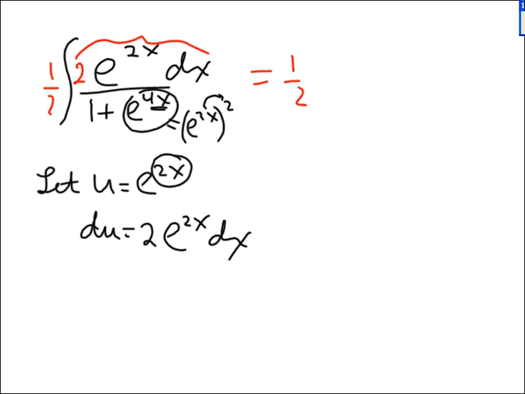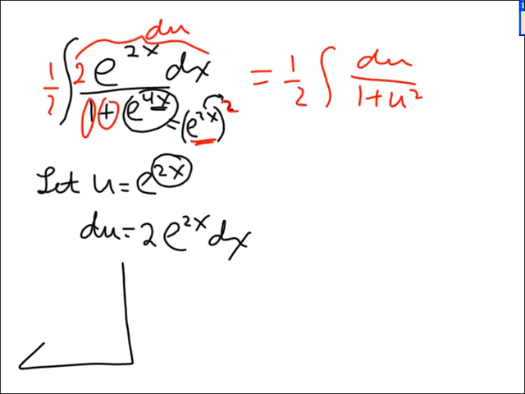This piece right there is du. And the bottom is 1 plus u squared. Now if you do enough of these, you'll learn that that's tan inverse of u. But I'm not into memorizing this stuff.